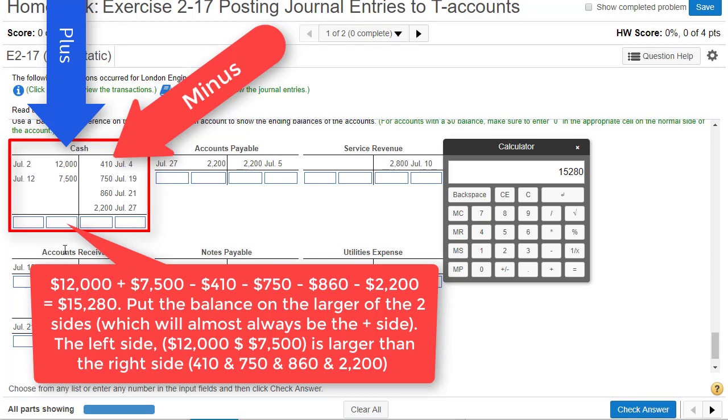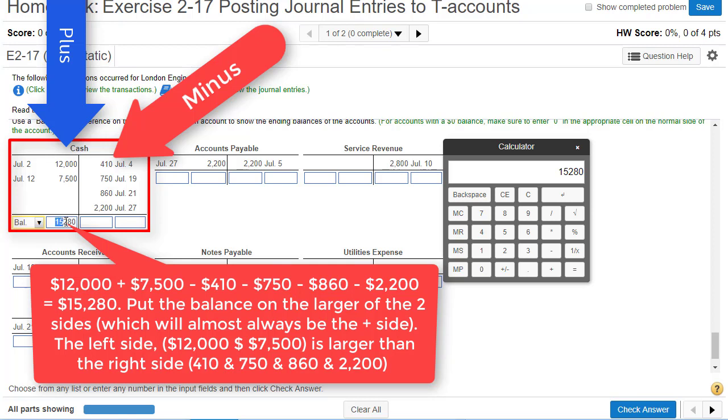Now since cash has a positive balance, I need to put it on the plus side, the larger side. This side is larger than this side. So I could just type the number here, but I like to not have to type it. So I'm going to click this arrow, and then it shoots it into whatever cell I had my cursor in. And then this is our balance.